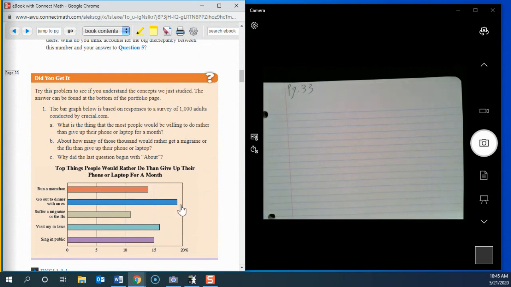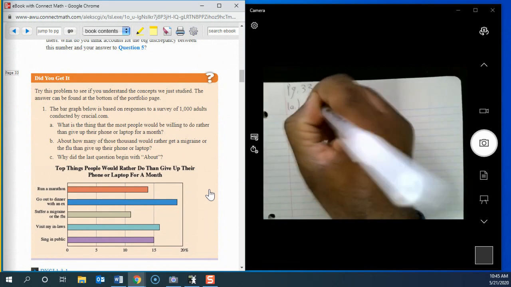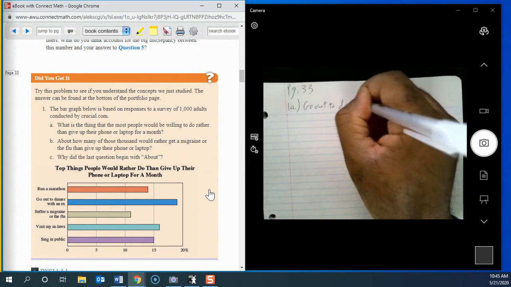Okay, so we have here, this is what this graph is about. Top things people would rather do than give up their phone or laptop for a month. And then most people would rather give up going to go out to dinner with an ex.